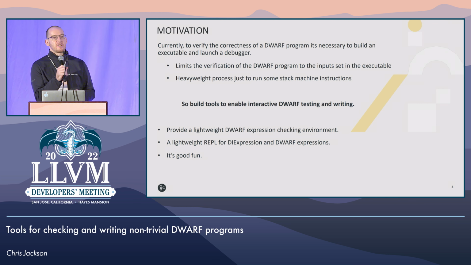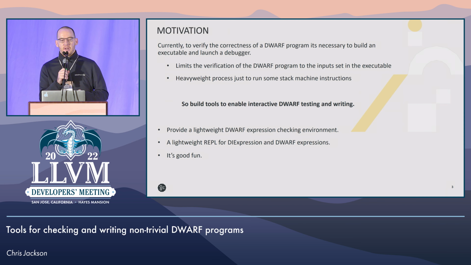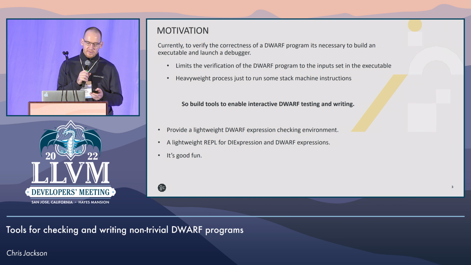DWARF expressions were generated from SCEVs, or scalar evolution expressions, but it wasn't convenient to check the correctness of the generated expressions. Additionally, I really want to be able to output individual fragment or piece values of DWARF expressions as well. And the goal is simply to increase the convenience of checking DWARF expressions.